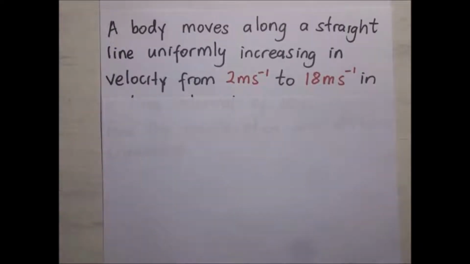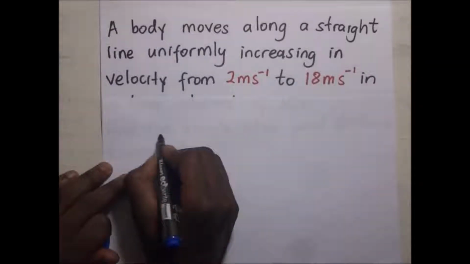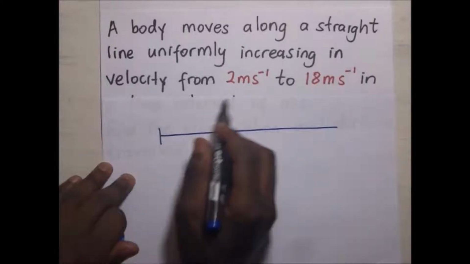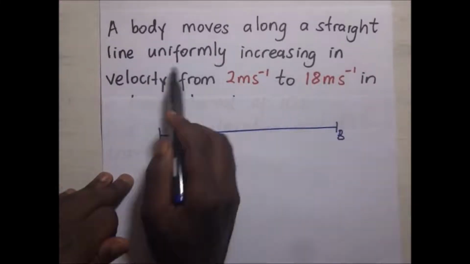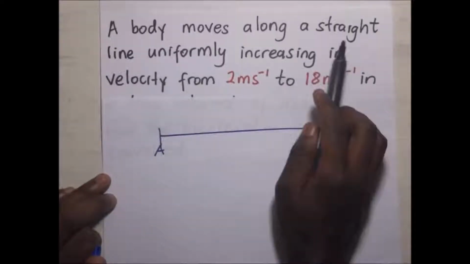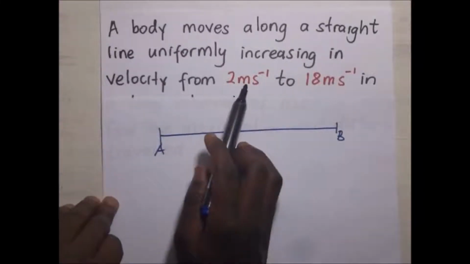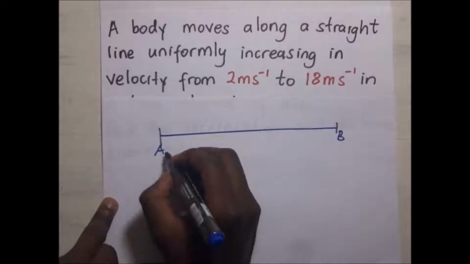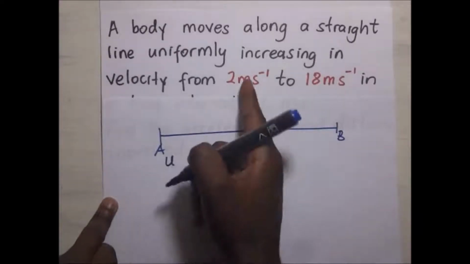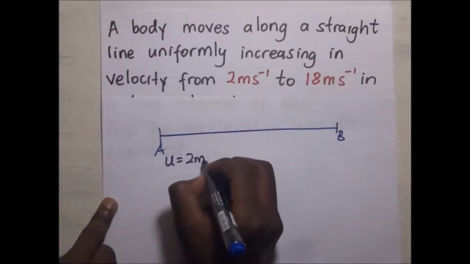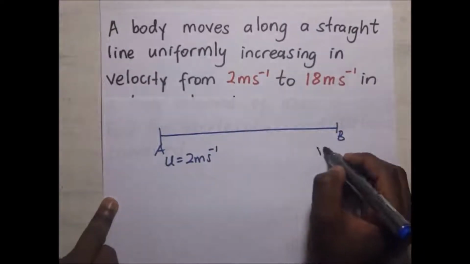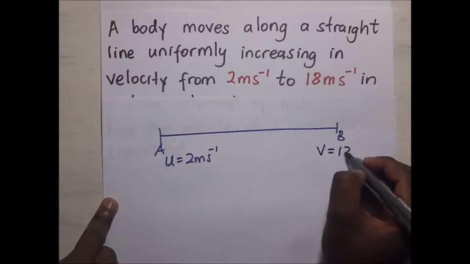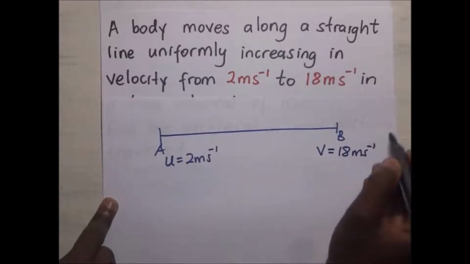Now, a body moves along a straight line, uniformly increasing in velocity from 2 meters per second to 18 meters per second. Let's say it's moving from point A to point B, in a straight line, uniformly increasing in velocity from 2 meters per second. So its initial velocity u is 2 meters per second, and its final velocity v is going to be equal to 18 meters per second.